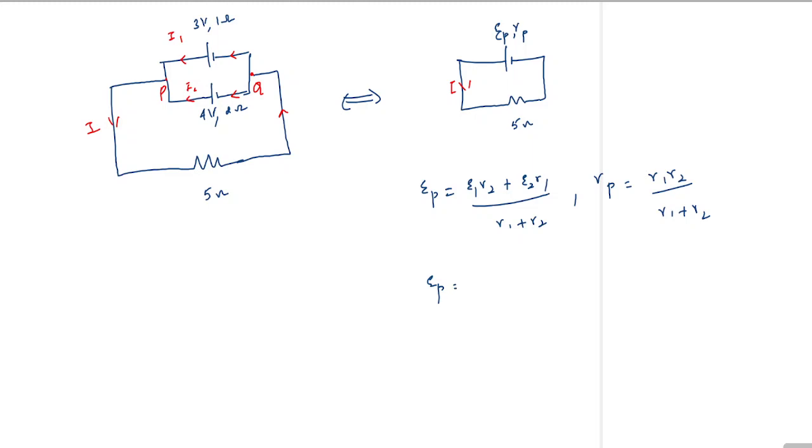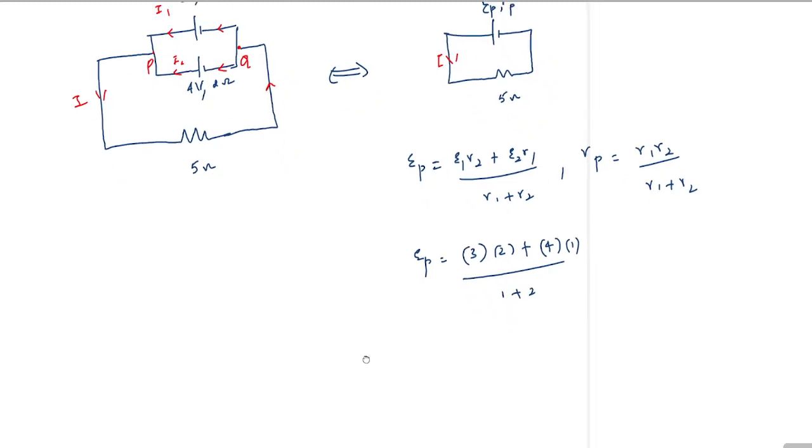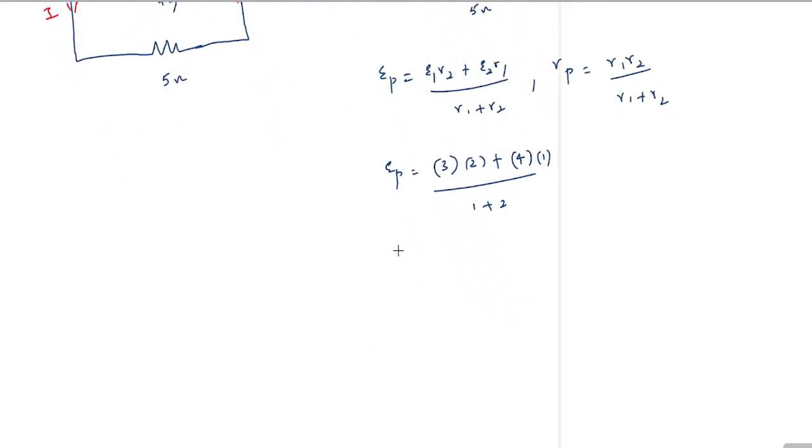So EP is equal to, if you call E1 as the first cell, it becomes 3 into R2 which is 2 plus E2 here is 4 into 1 by 1 plus 2. So from here we get EP is equal to 6 plus 4 by 3, that is 10 by 3 volt.